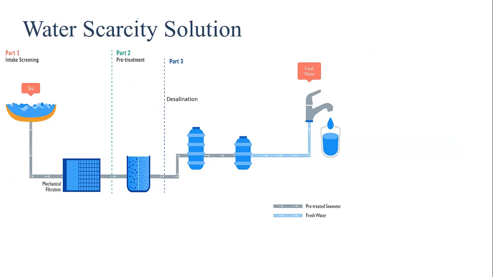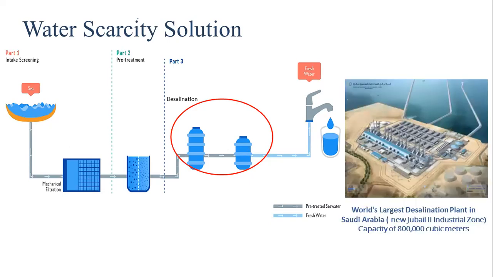Then part three is the desalination part, which we are more concerned with. The desalination part is where we get rid of the salt, turning it into fresh water. This is the world's largest desalination plant in Saudi Arabia, and its capacity is about 800,000 cubic meters.